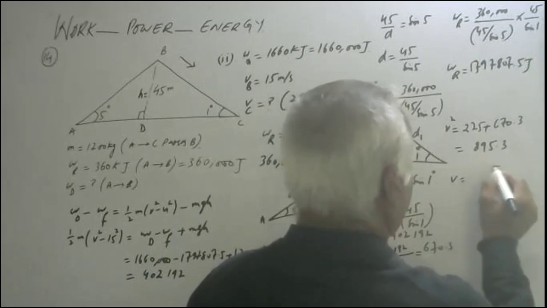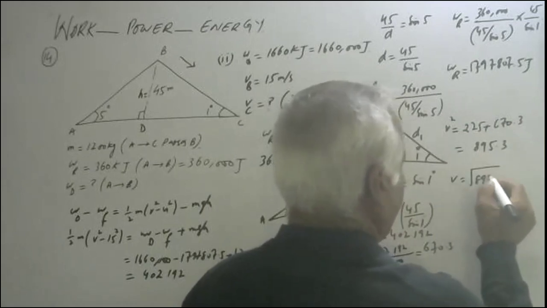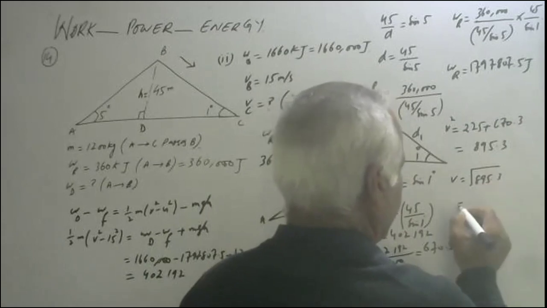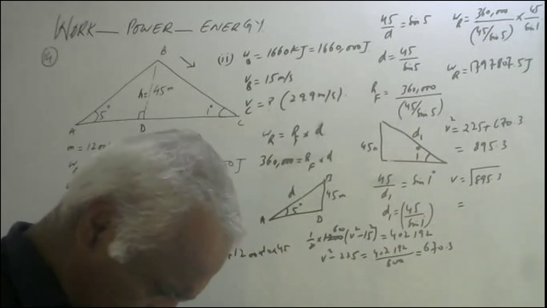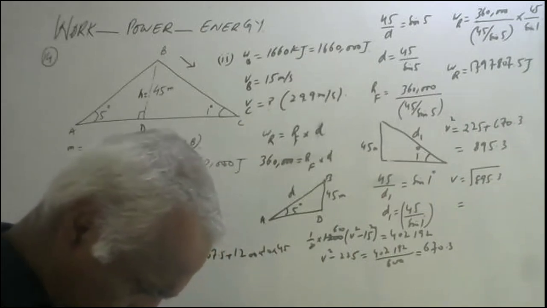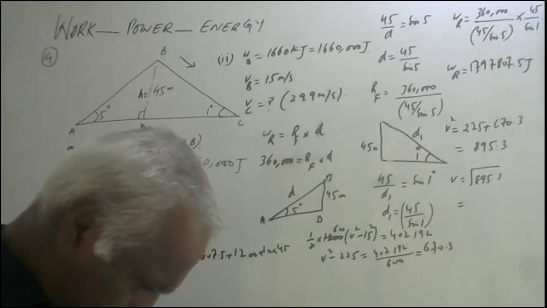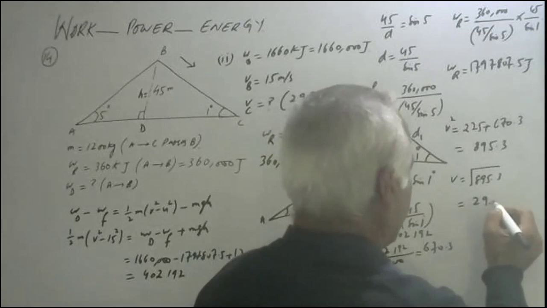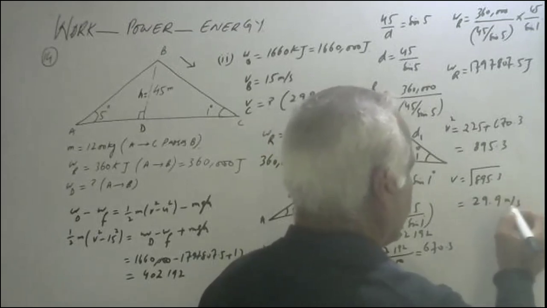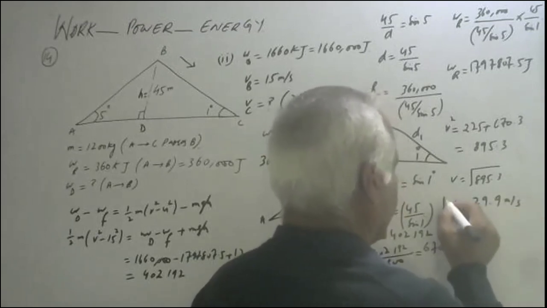So v value is the square root of 895.3. So it is 29.9 meter per second, V at C.